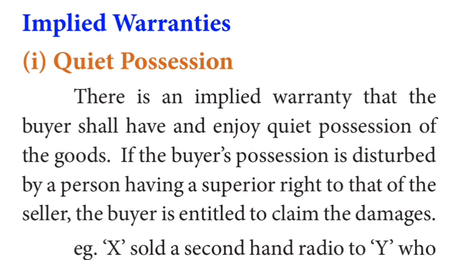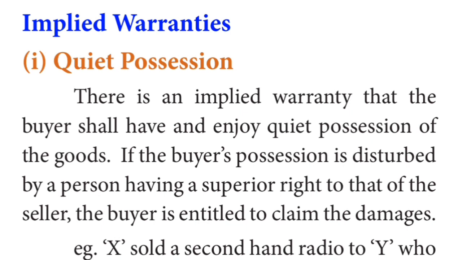So for example, a buyer is there and a seller is there. Like how we saw the condition as to title, the same applies here. A buyer buys a car from the seller, and after using it for 6 months, they come to know about the original owner.